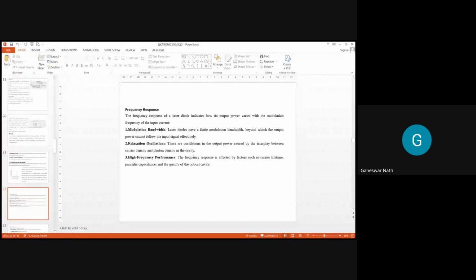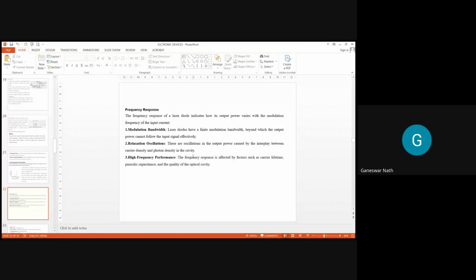The high frequency performance, that is the frequency response, is affected by factors such as carrier lifetime, parasitic capacitance, and the quality of the optical cavity. Since we have a laser diode, we must have a resonator, and the resonator is designed with mirrors.